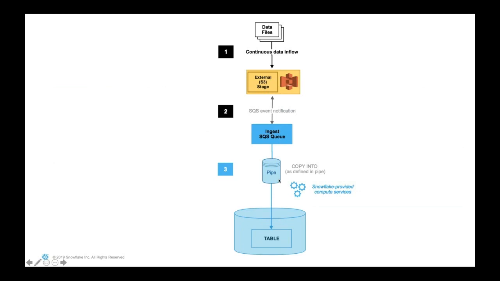Consider pipe as a serverless object, and it will monitor the queue and the notifications that are coming in and go ahead and load the files that are being dropped into the blob storage. Okay, so that will allow you to load data continuously as it arrives from blob into Snowflake into staging tables.